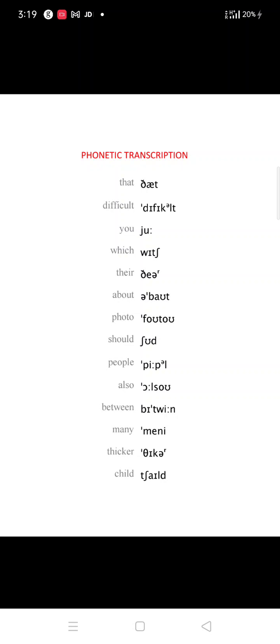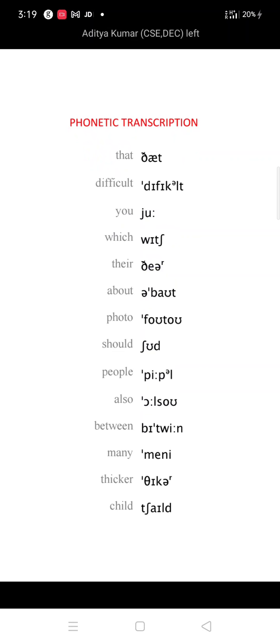In the word "that," the first sound used here is "th." This is a consonant sound. And here, look at the phonetic transcription of the word "that."